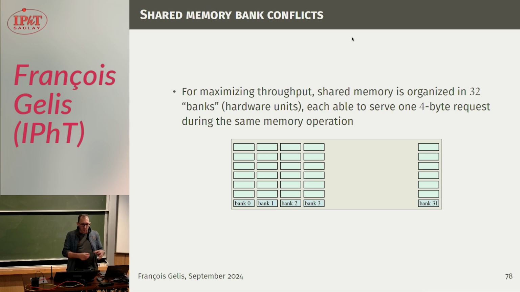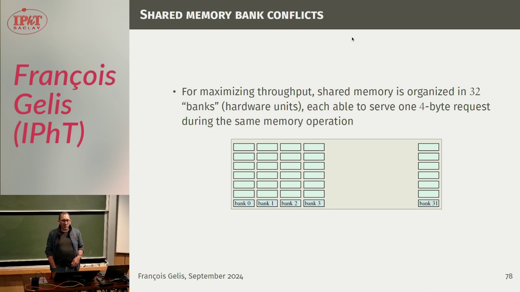You could imagine 32 little buckets holding part of the shared memory each. And the hardware is such that in a given memory operation, each of these 32 banks can provide 4 bytes.